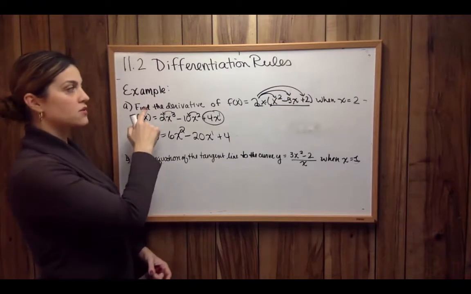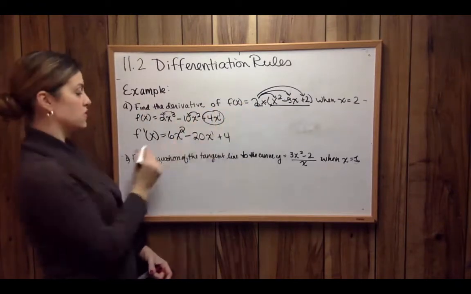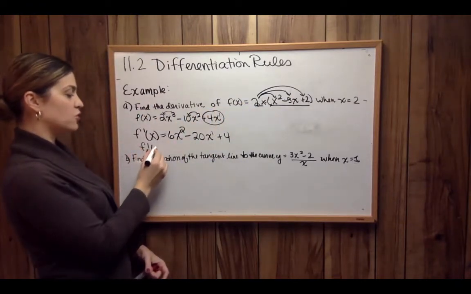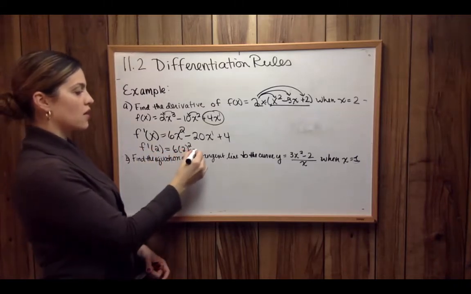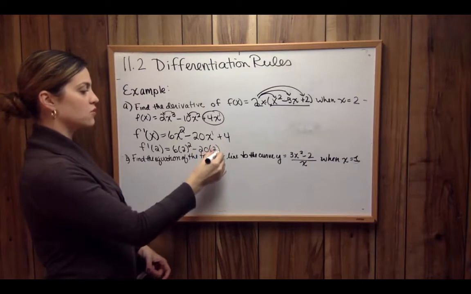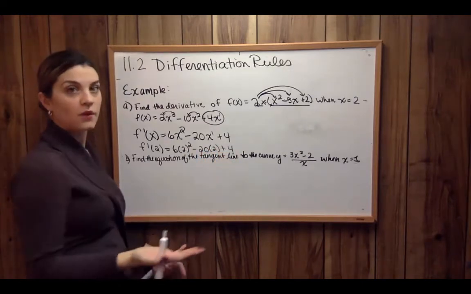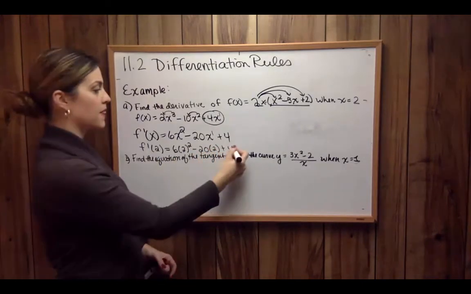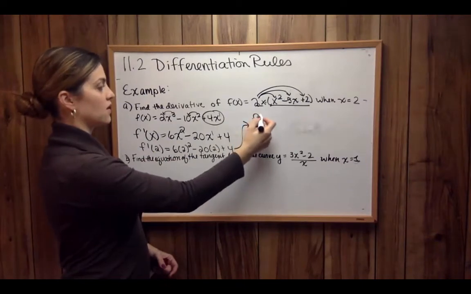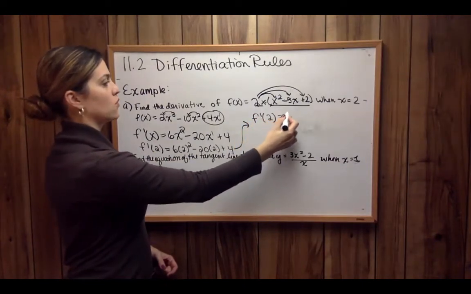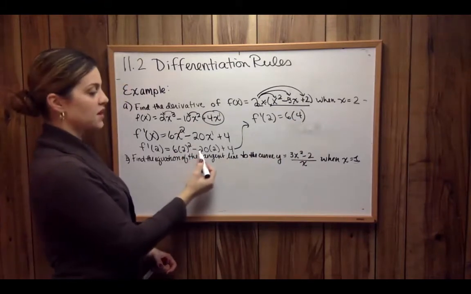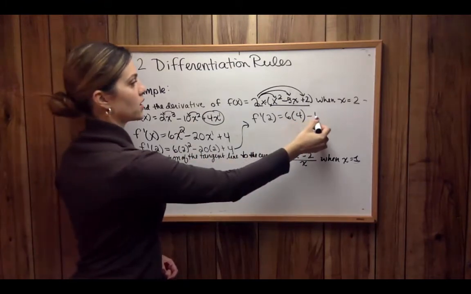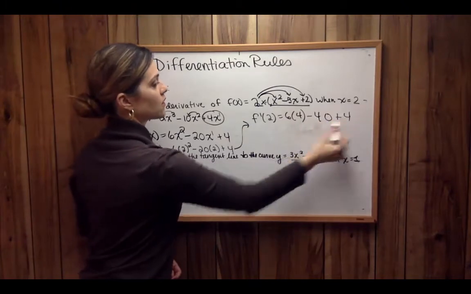Now they want to know the derivative of f of x when x is 2. So that means f prime of 2 is 6 times 2 squared minus 20 times 2 plus 4. Evaluating expressions. Plug them in. Substitute them in. Evaluate it. f prime of 2 will be 6 times 4, 2 squared is 4, times 6, minus 20 times 2, which is 40, plus 4.